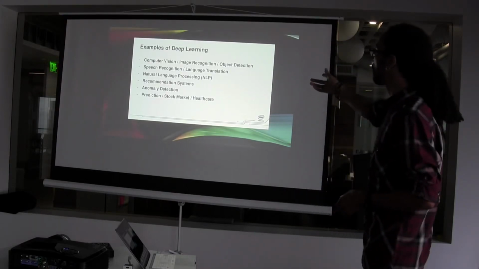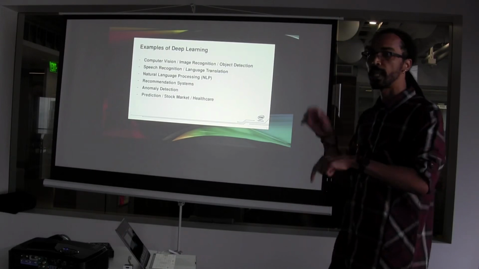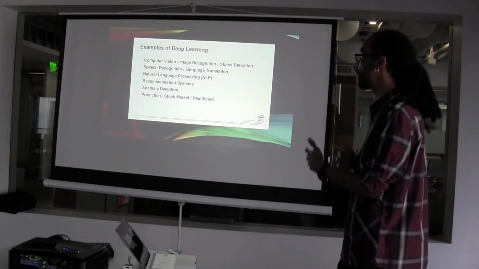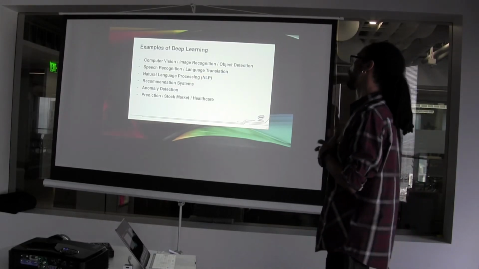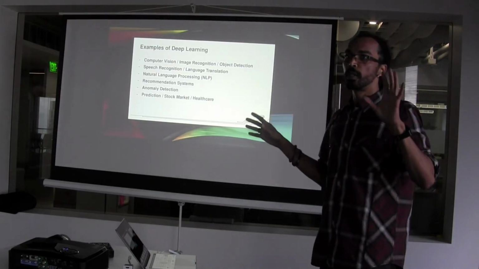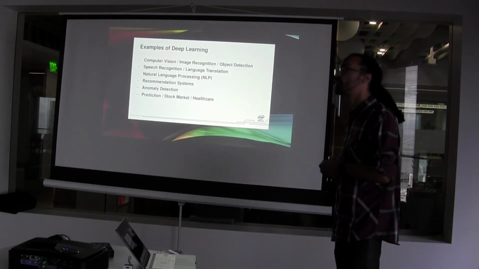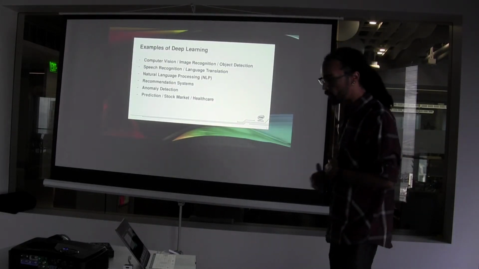Here, computer vision, image recognition, object recognition, natural language processing. When I type in something to a chatbot and it responds back in what would be considered a natural type language. Recommendation systems, anomaly detection, things like that. Predictions of the stock market, healthcare. So if you put all of this data through the machines, they can use deep learning to get these things.